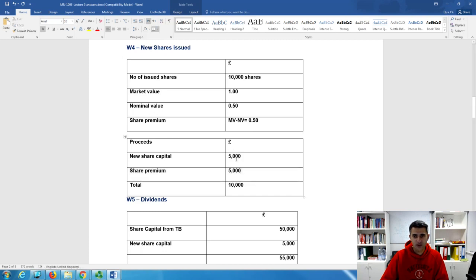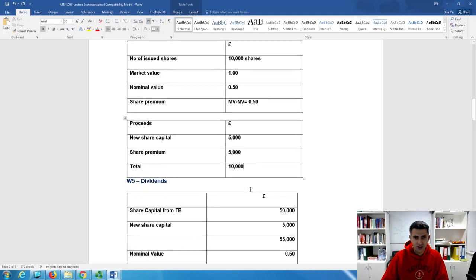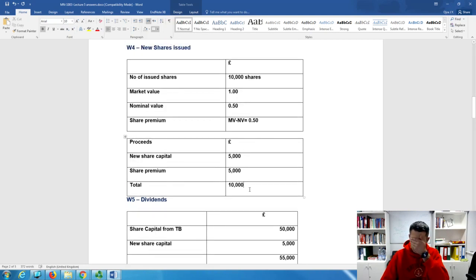So if you add them together, that's £10,000, and this is the market capitalization. Here we go. This comes under the statement of change in equity.